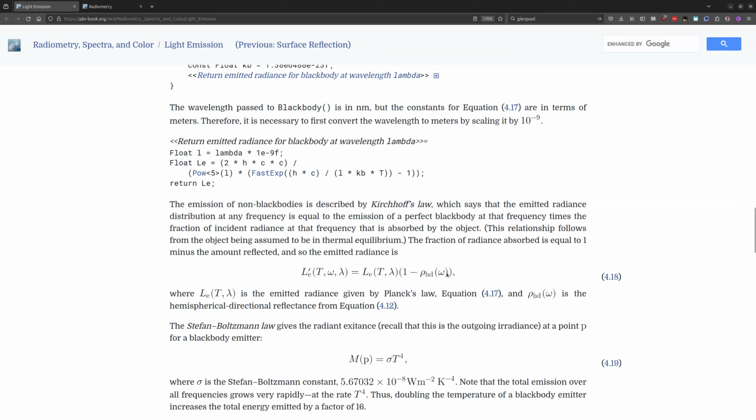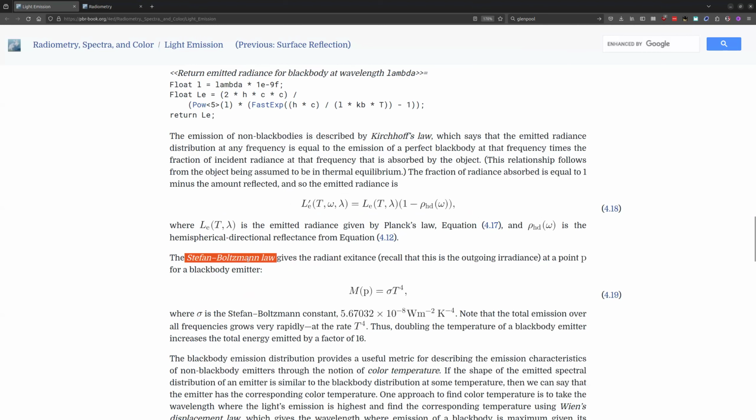So the emitted radiance is proportional to the absorbed radiance, which is 1 minus the reflected radiance. Okay, so whatever light isn't reflected is absorbed, is what this means. It's interesting that we're multiplying it by the black body radiance.